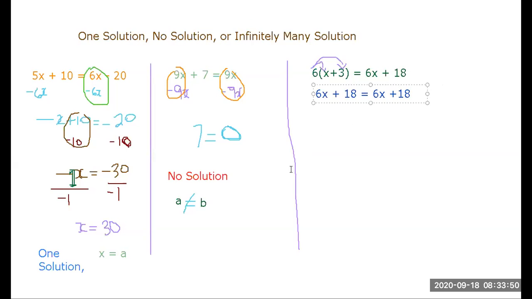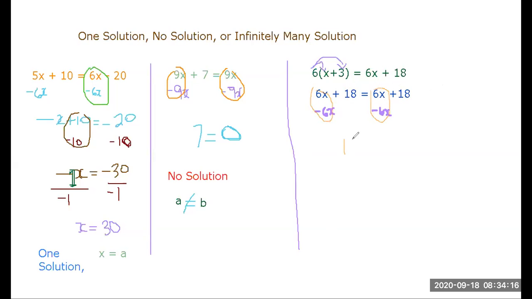To continue, though, we're going to get x's on one side and everything else on the other side. So with this, I'm going to minus 6x, and with this, I'm going to minus 6x. So already we see that this is going to be equal to 0 and this is going to be equal to 0.